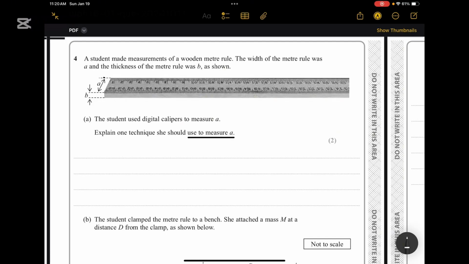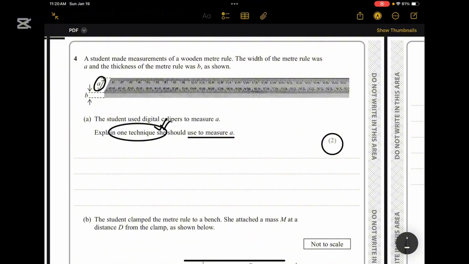So this is the A, which is the width of A. One technique should be, they have given 2 marks. The first technique should be he should repeat at different orientations and calculate a mean value to reduce the effect of random error. We know the technique should be to reduce the random error.